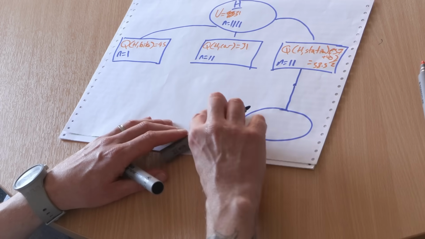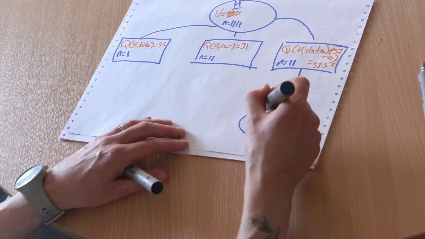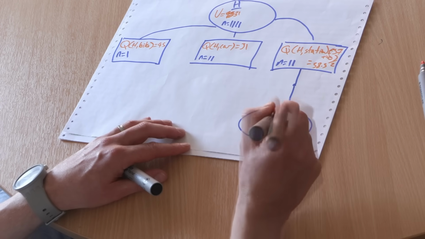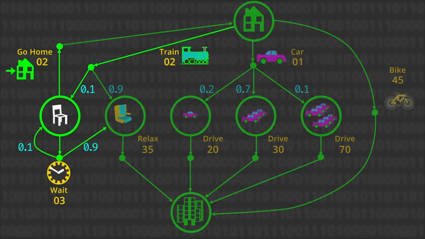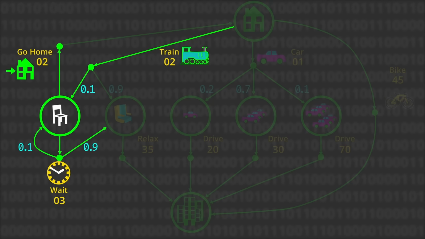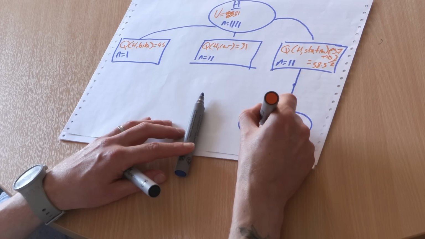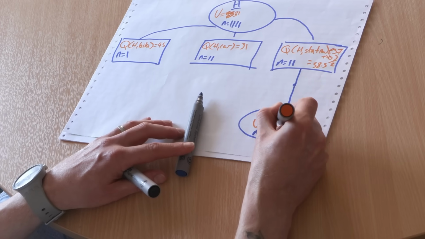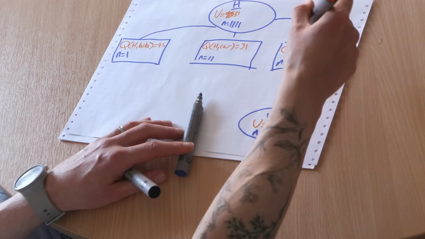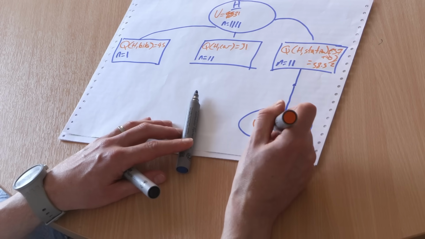The expansion step would have taken us to the waiting room, and we will have initialized it with the value that we got. So that is 38, because going to the train costs 2.